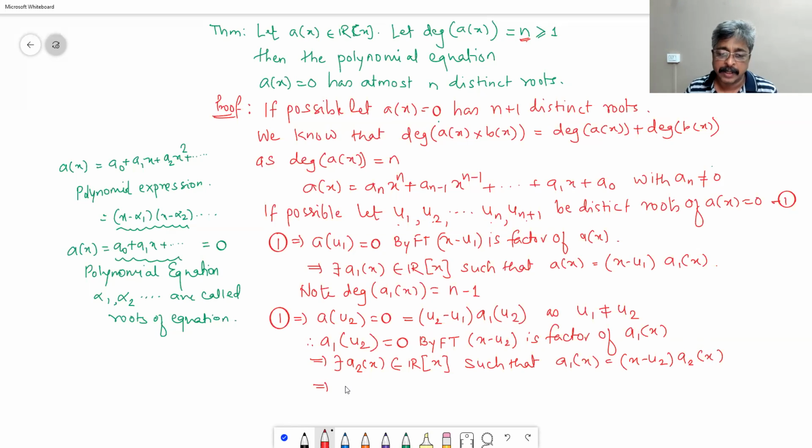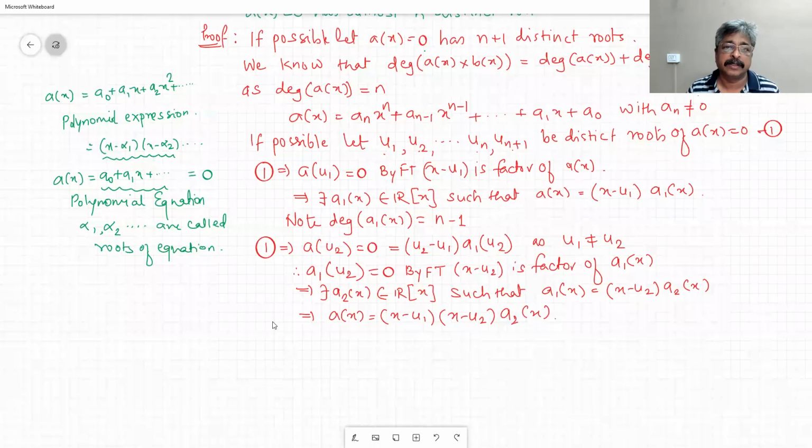This implies a(x) is equal to (x minus u1)(x minus u2) a2(x). Do you understand?